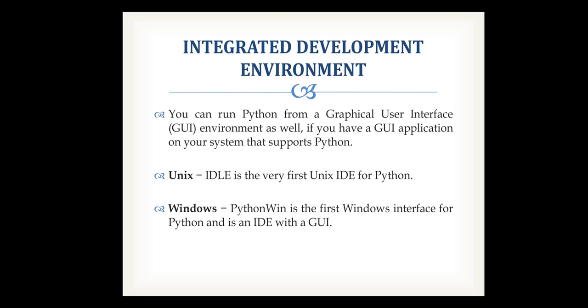And next is Windows, PythonWin. PythonWin is the first Windows interface for Python and is an IDE with a GUI. So this is a better tool, a Windows tool, or we can say a GUI based tool, which is used to write Python code or a Python program, okay. So this is a very efficient way, okay.